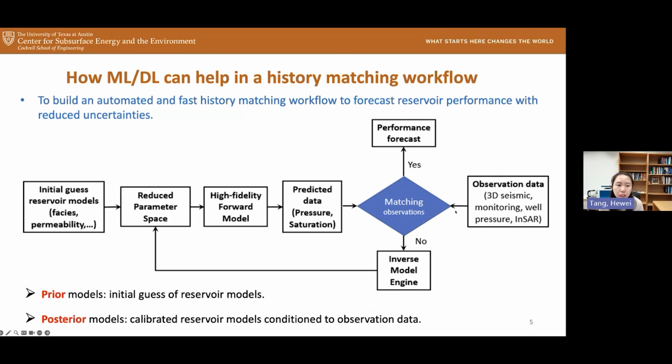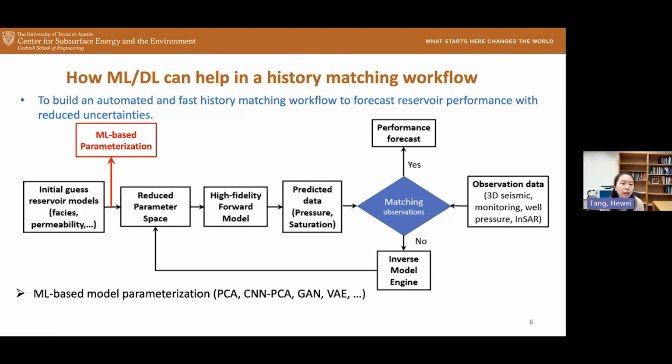How can machine learning or deep learning help in such a history matching workflow? First, it can help with model parameterization. Our initial guess of reservoir models usually contains facies, permeability, or porosity distributions discretized in grids or cells, and there are usually thousands or millions of them.